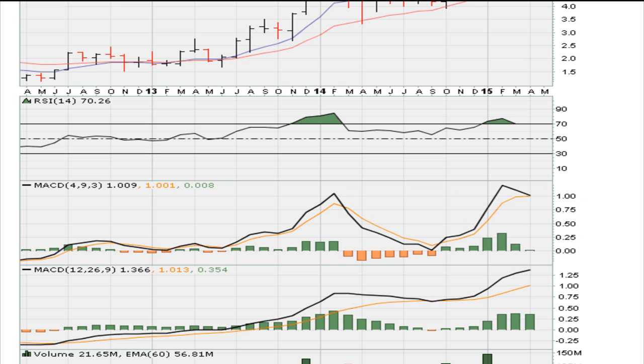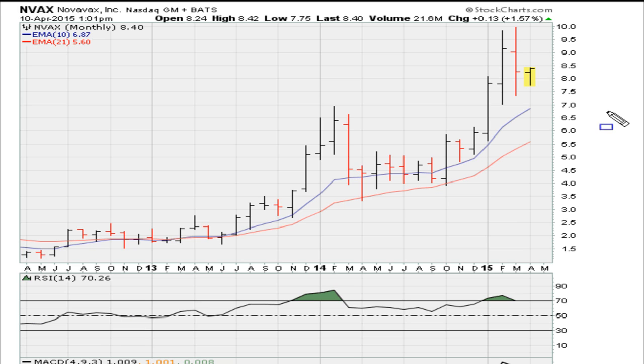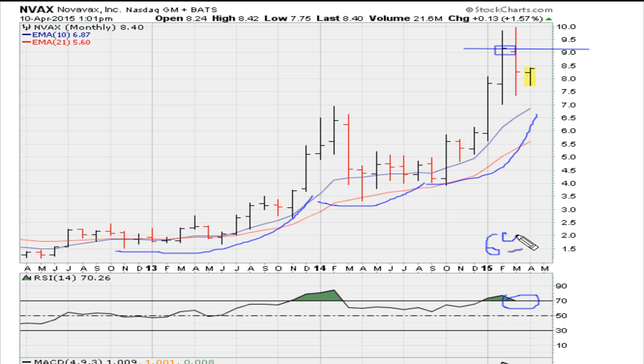So the momentum, the potential here is with a good market. All this instrument needs to do now on this monthly chart, which takes away all the noise from the hourly, the minute charts, and the weekly charts, and gives you a nice smooth action, is continue holding above 69.1.